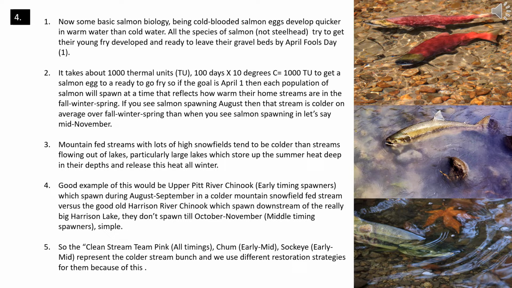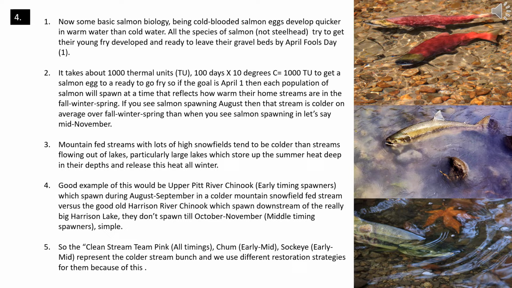A good example is the Upper Pit River Chinook that we talked about. They're early timing spawners. They'll be spawning in August, September. And you remember the Upper Pit was a mountain stream that came through the mountains. It was high snowfields and glaciers. It was what would be classed as a cold water stream.